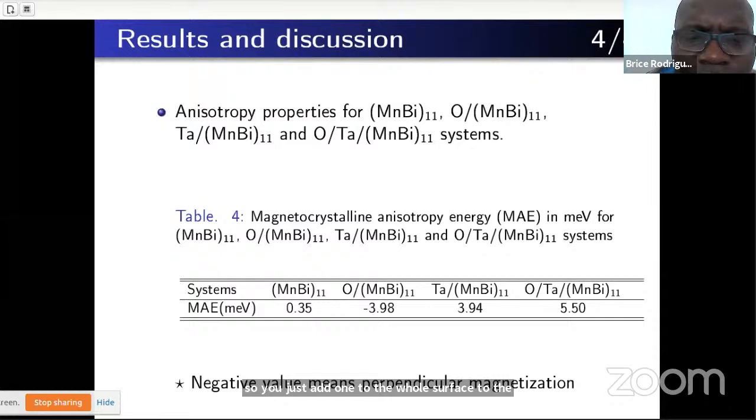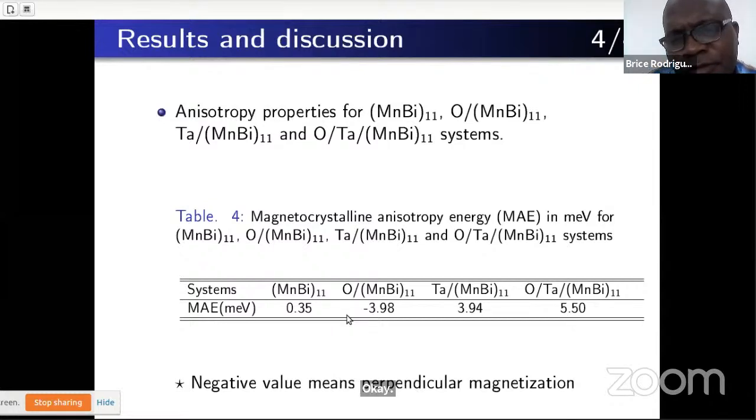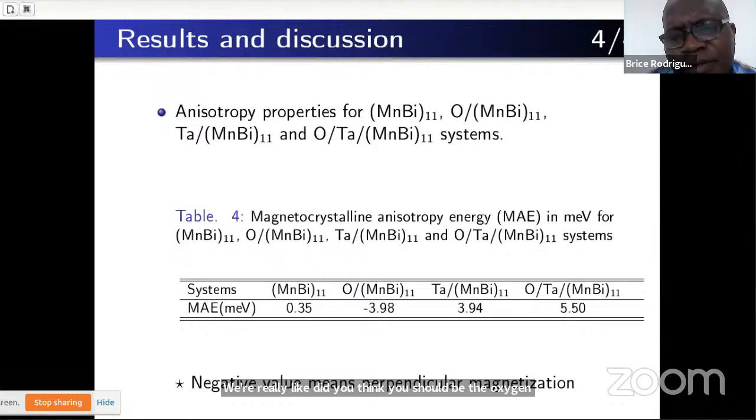Yes, so we add the oxygen by changing the adsorption site. Here we consider the lowest energy site. But in real life, don't you think it should be the oxygen molecule, not the oxygen atom?